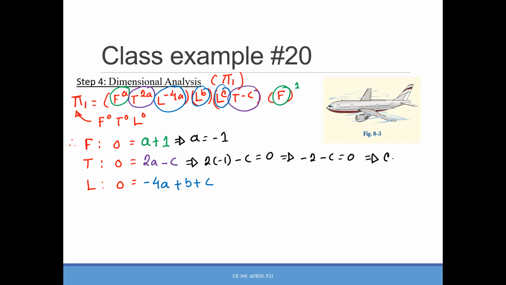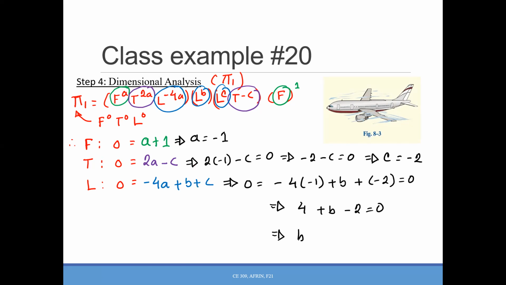That means C equals to -2, right? And if you use all the values here, 0 equals to -4 plus 1. We don't know the B value, but we know the C value. So this one is 4 plus B minus 2. So B is actually -2.